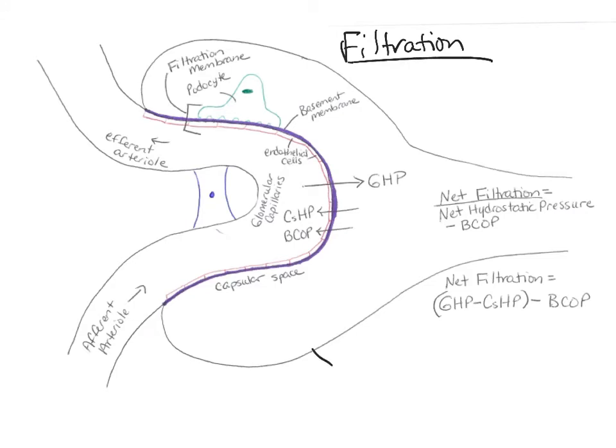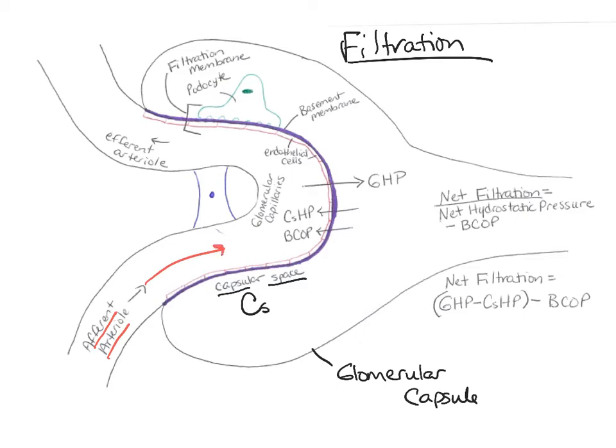This is the glomerular capsule. Inside the glomerular capsule, we have the capsular space, so we can use a big C, little s, meaning capsular space. Then we have the arterioles. Here's the afferent arteriole bringing blood into the glomerulus.